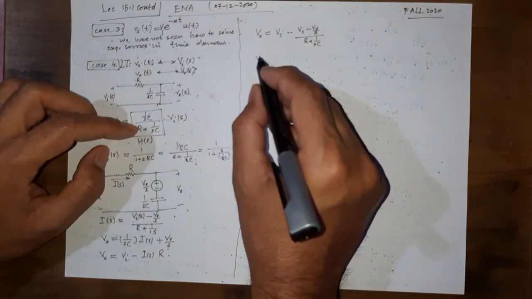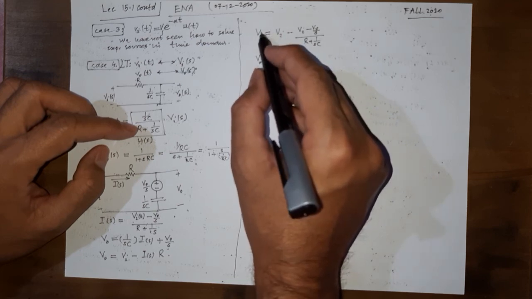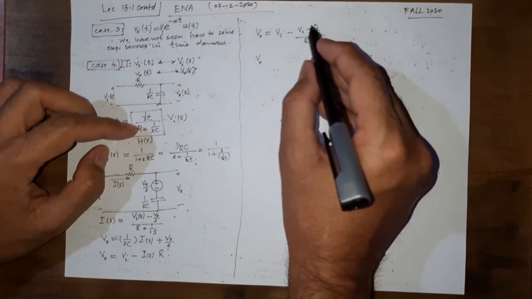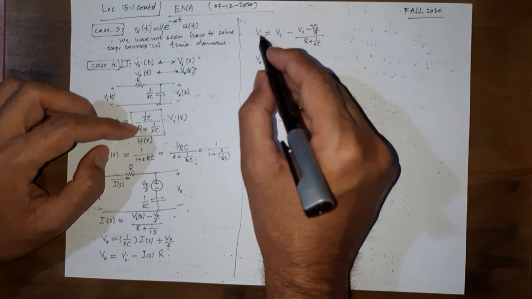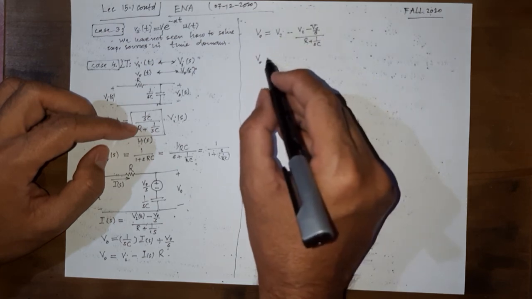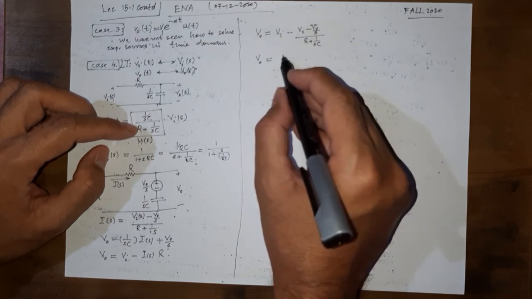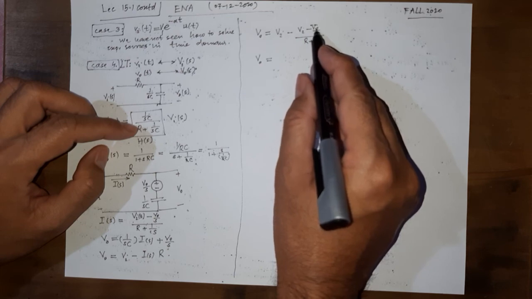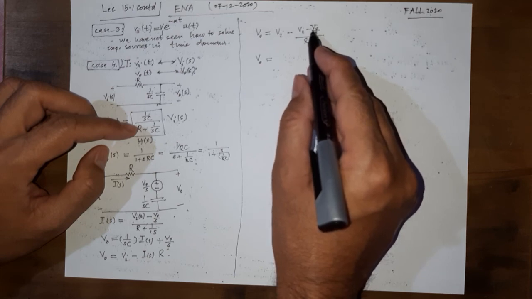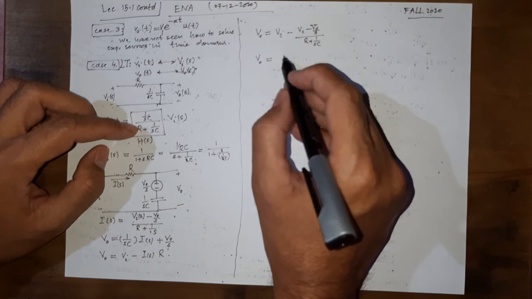Okay, now there is a confusion here. This is the initial voltage on the capacitor. This is the output. So don't mix them up. V naught is the output voltage. We should have used a different label, but I hope you can keep this different.